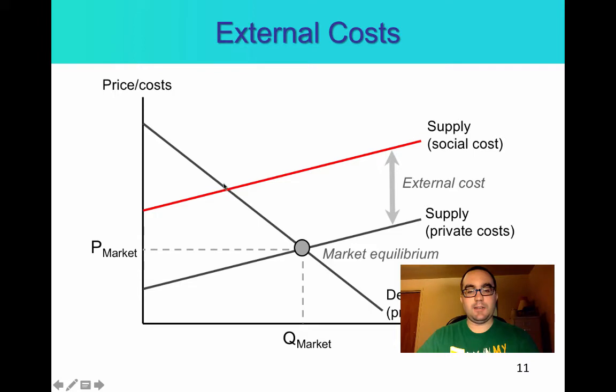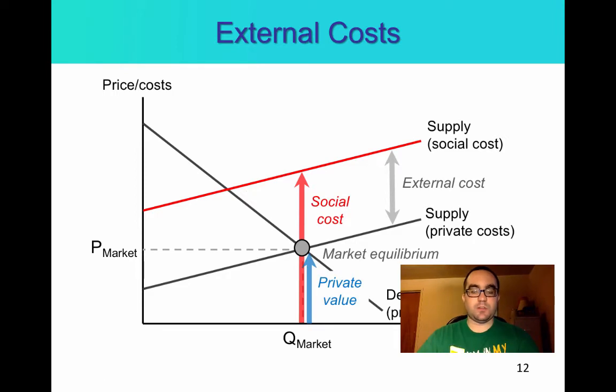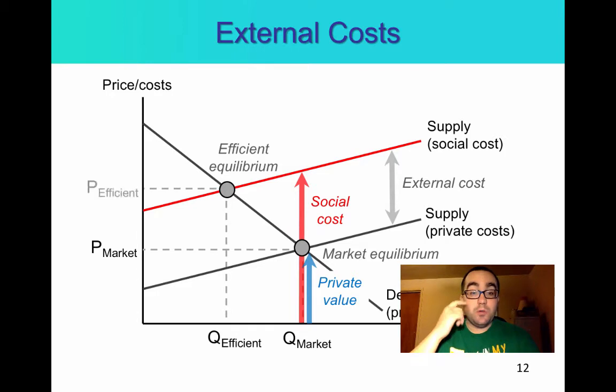So to have the efficient equilibrium and quantity, we need to move up here. Okay? So you see where the social cost is there, and you see the private value. So you see that we should move the equilibrium over to the left, or shift this way, and this would actually produce the efficient equilibrium and the efficient maximum to society.